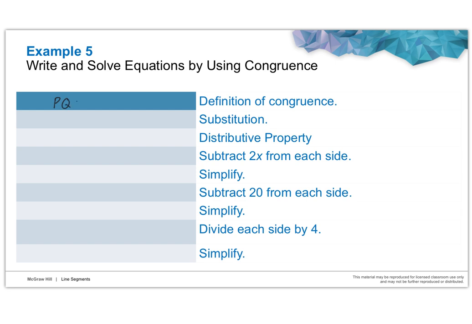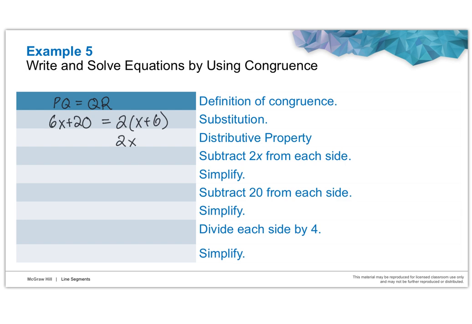We're starting with PQ equals QR. So you can pull that justification down, definition of congruence, and write that in the blank in your book. Then once we know that, we're going to substitute their values. So we will go ahead and put in the 6x plus 20 that we were told the measure of PQ was, and the measure of QR is that 2 times the quantity x plus 6.